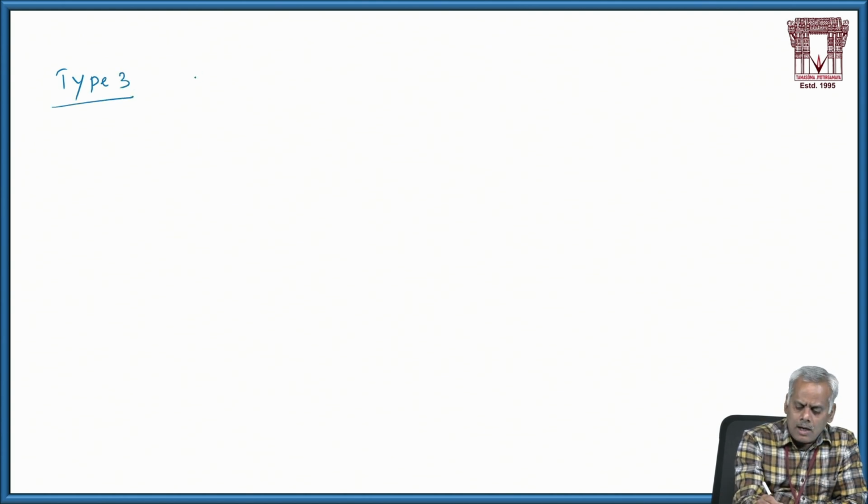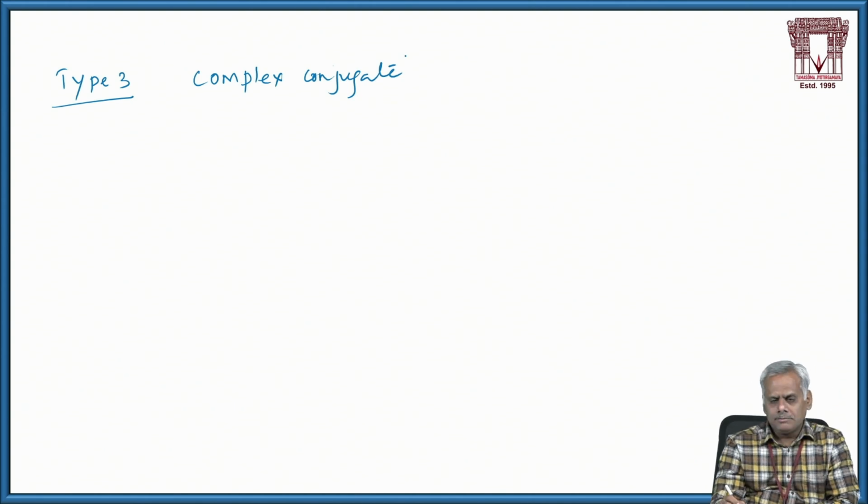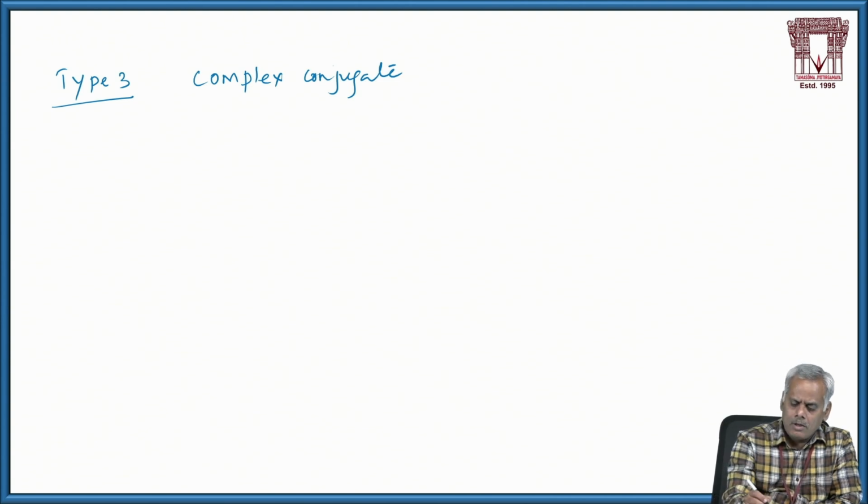Now type 3, when roots are complex conjugate. We know that the complex roots exist in pairs, that is, conjugate of each other.